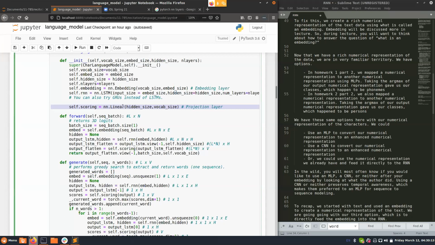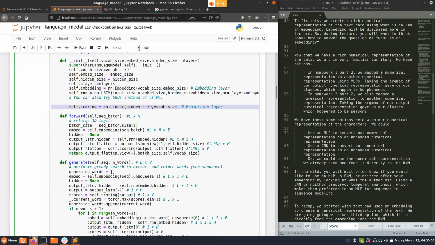But in general, for RNNs, starting with either the embedding that you made or a CNN is preferred because there's this kind of temporal awareness, it's preserving the sequence. Whereas for the MLP, every node in one layer is mapped to every node of the other layer, and that can be kind of confusing for the model to learn. So those are some considerations.